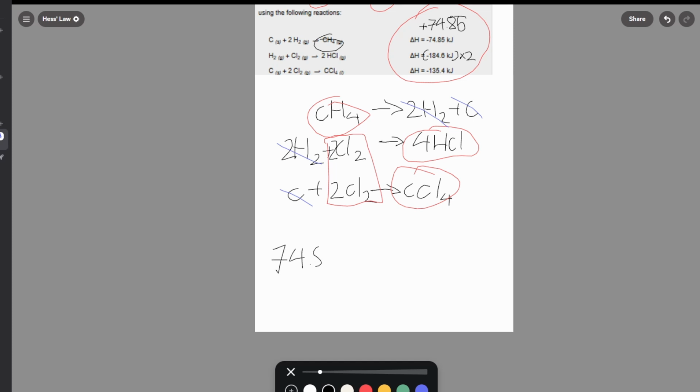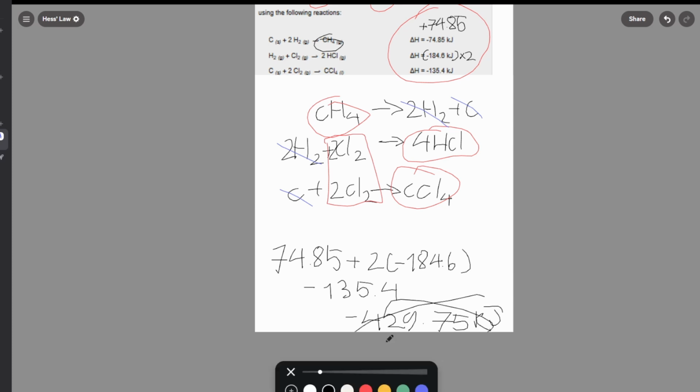Positive 74.85 plus 2 times negative 184.6, and then you also minus that by 135.4, and your answer should be negative 429.75 kilojoules. Boom. Let's move on to the very hard one.